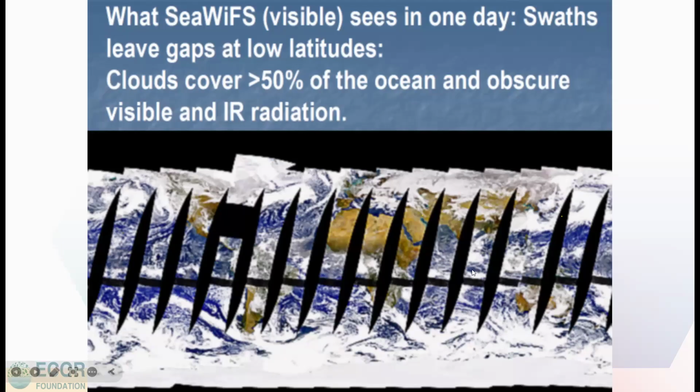You can see that cut through the center of the globe, and the cloud cover is over 50% of the ocean aerial coverage, blocking all the visible and infrared radiation, because visible and infrared radiation cannot penetrate the clouds. So the solution is microwave, but there is no such scope for it, because only now the technology has evolved. So this limits the satellite visibility and affects the data accuracy in ocean monitoring. So this is the big challenge for us.